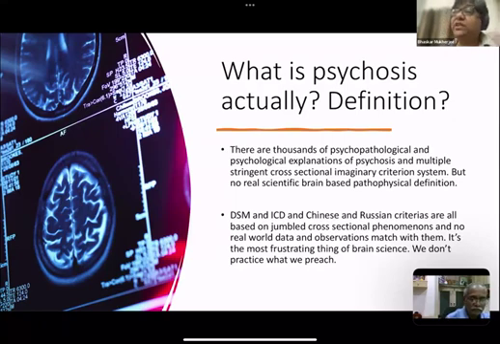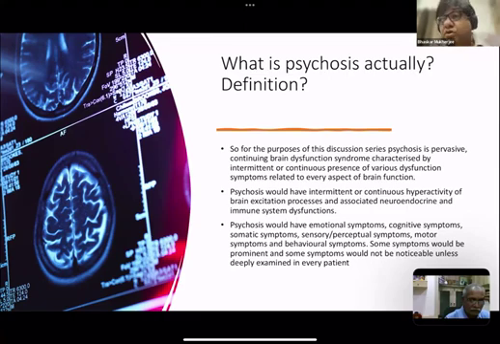There are thousands of pathophysiological as well as psychological explanations of psychosis and multiple stringent cross-sectional criterion systems, but no real scientific brain-based pathophysiological definition. Whether DSM, ICD, or Chinese or Russian criteria, all are based on jumbled cross-sectional phenomenologies, and no real-world data and observations match them. It is the most frustrating thing of brain science. We do not really practice what we preach.